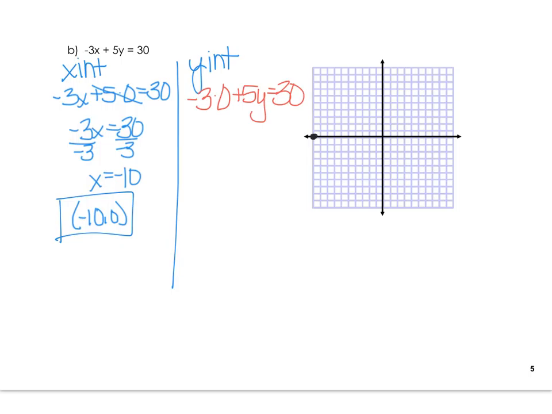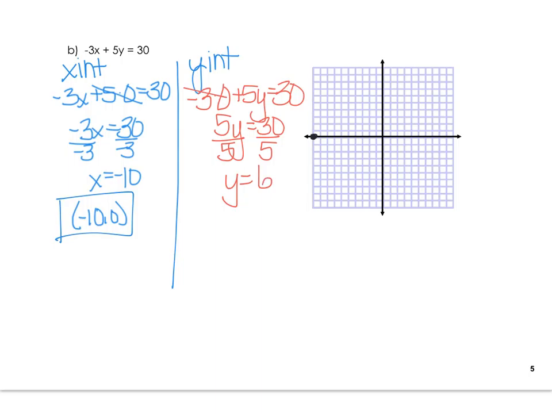See if you can multiply anything. Negative 3 times 0 is a 0, so let's cross them out. So we end up with 5y equals 30. Dividing both sides by 5, we end up with y equals 6.